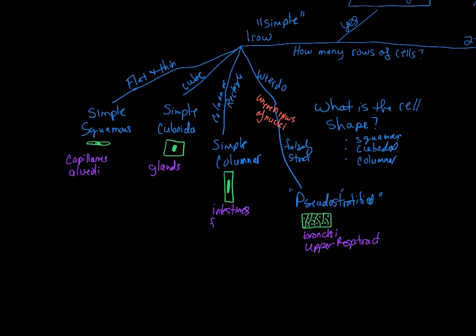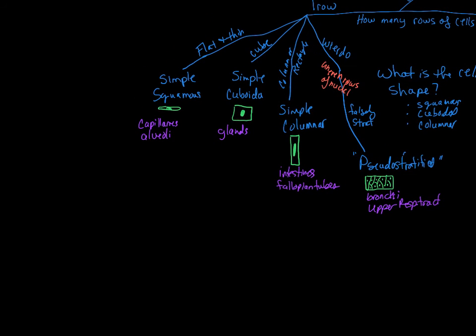Another good one for simple columnar is the fallopian tubes. Okay, and then we can also start putting in functional information. So simple squamous is about having the space and resources.